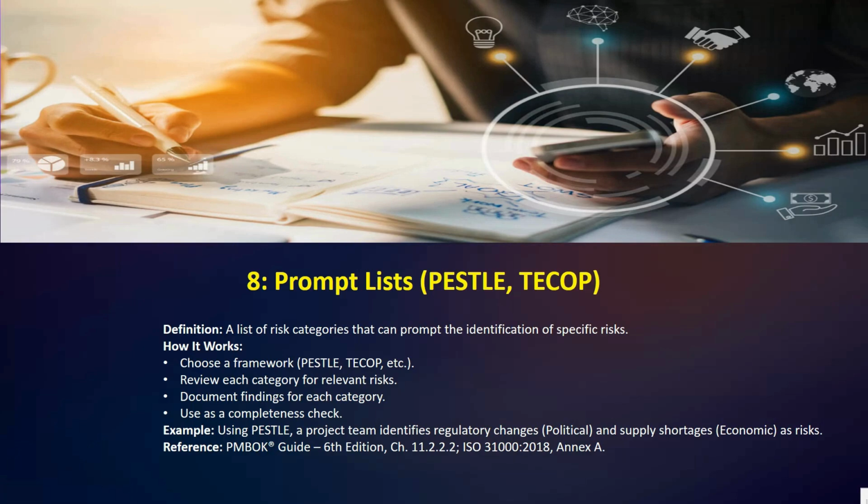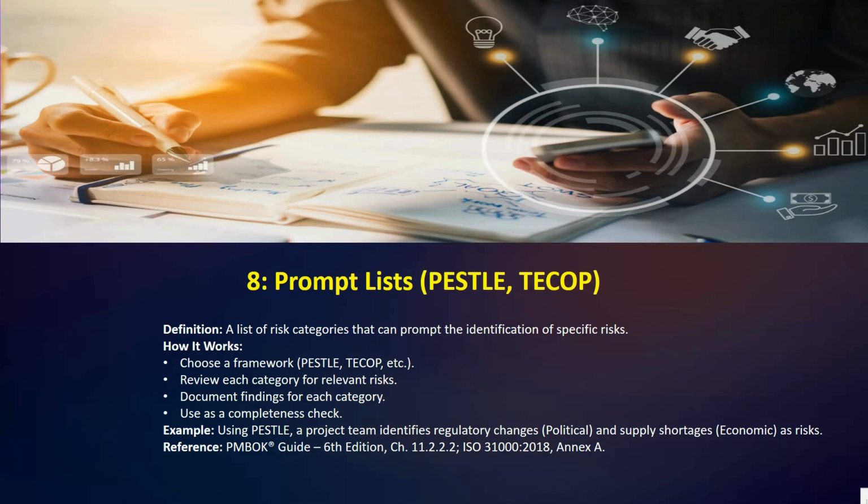Okay, so first you go through each category on the list and ask what risk could we face in this area. Okay, for example, using PESTEL, you would consider what political risk might impact your project, such as new government regulations, or what economic risk, like inflation, you need to watch out for.